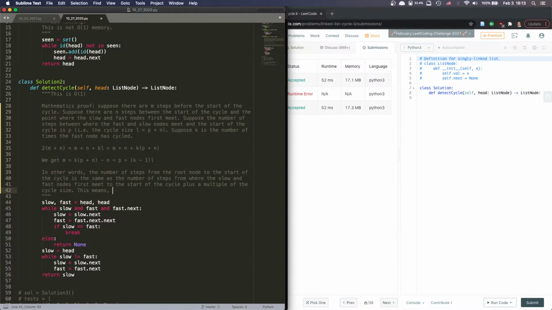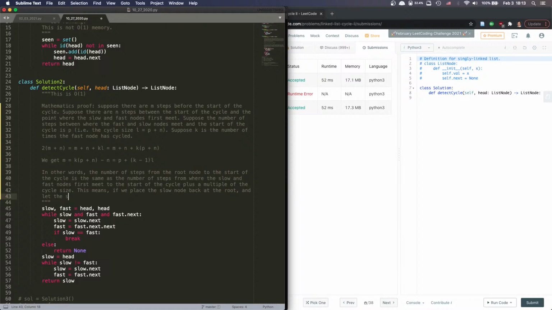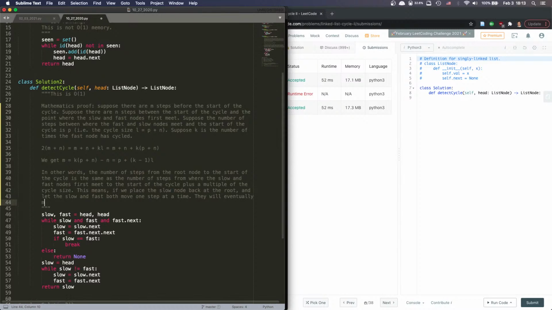This means if we place the slow node back at the root and let the slow and fast both move one step at a time, they will eventually meet at the start of the cycle.